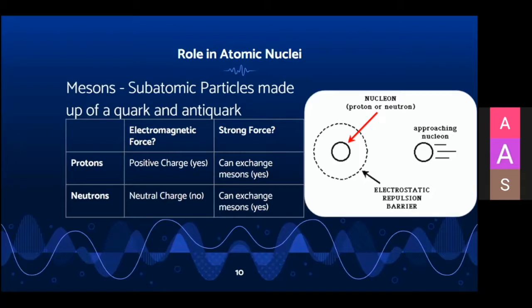Because both protons and neutrons can exchange mesons with each other, they're tied together by the strong force. And on the subatomic scale, the strong force is much, much stronger than the electromagnetic force, about 100 times so. This means that even though the electromagnetic force is trying to push the nucleus apart, the strong nuclear force ties the nucleus together.